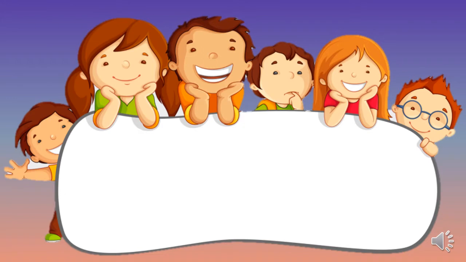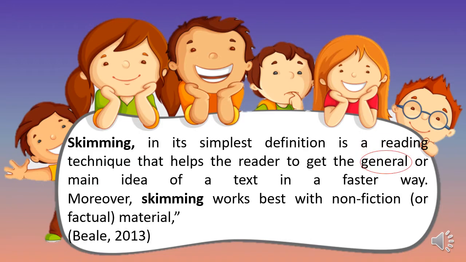Now let us continue our discussion with the remaining reading strategies. This time, let us proceed with skimming. Skimming, in its simplest definition, is a reading technique that helps the reader to get the general or main idea of a text in a faster way.